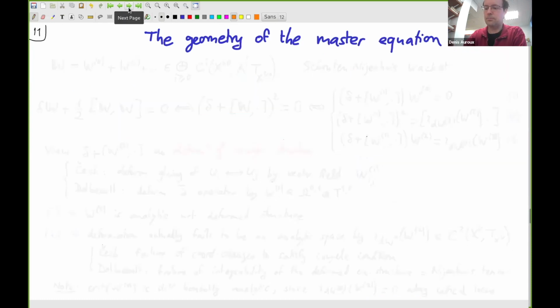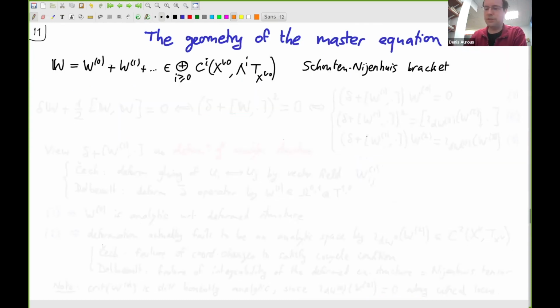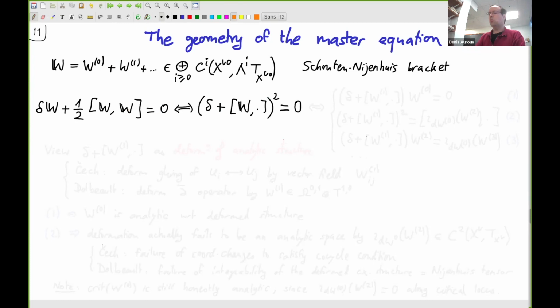So the slogan is, under these various optimistic conjectures about the shape of M0, we end up with some quantity on the naive mirror space, which solves this equation for the Schouten-Nijenhuis bracket.